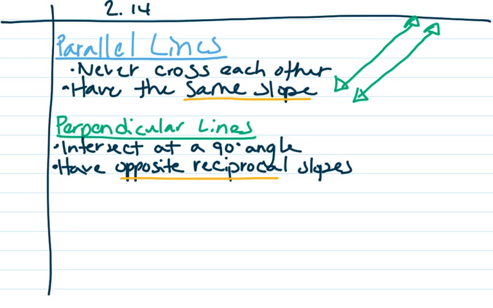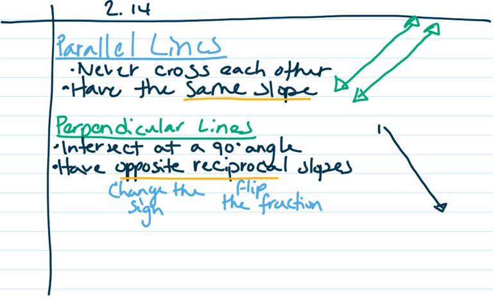That's important to remember. What that means is, opposite means to change the sign, and reciprocal means to flip the fraction. A picture of perpendicular lines would look something like this, and they make a 90-degree angle right there.